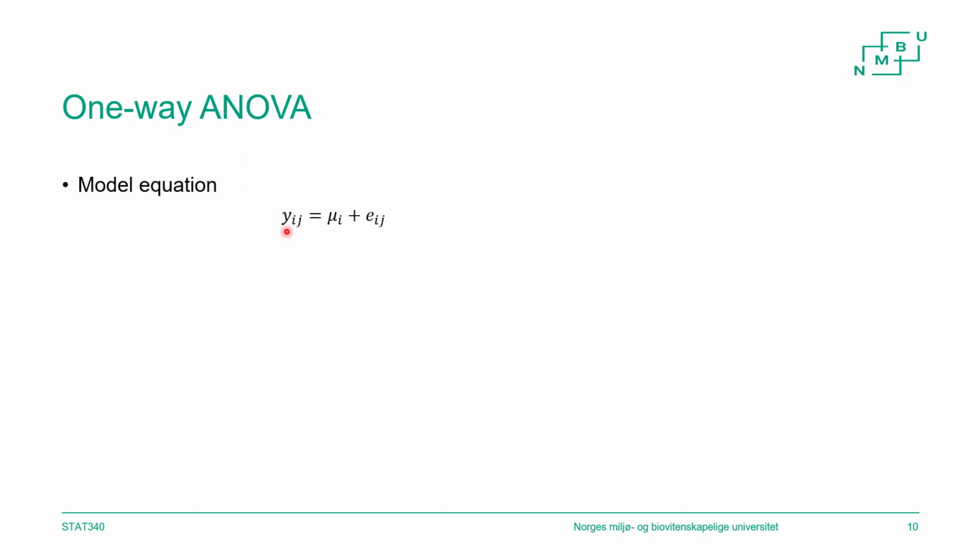And the model equation is very simple, like this. The response is here, and here we have, instead of having sort of an intercept and slope, we now have only heights, you could say. We have the different levels here. So we have an expected value for each level, level number i, right?